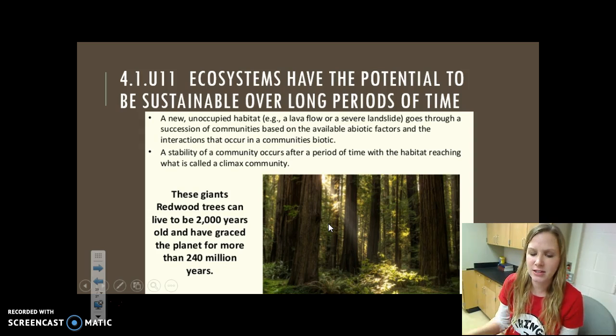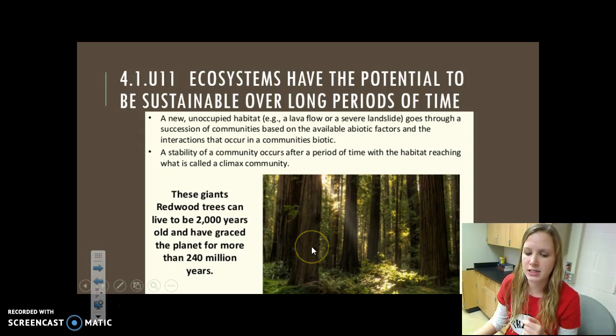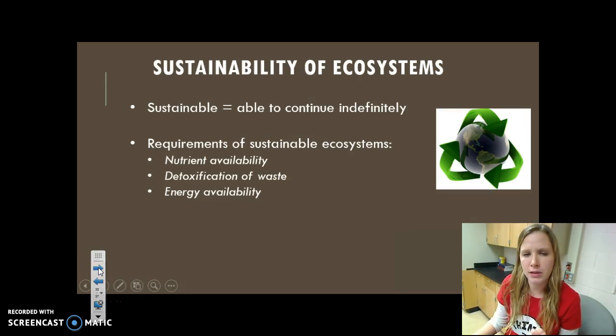And we've had these redwood trees that you can see here for millions and millions of years. And so we would call that a really sustainable long period of time, right? And it's all because they've created this climax community. We'll talk more about that later in 4.3, I believe.